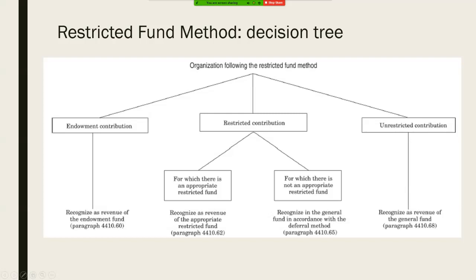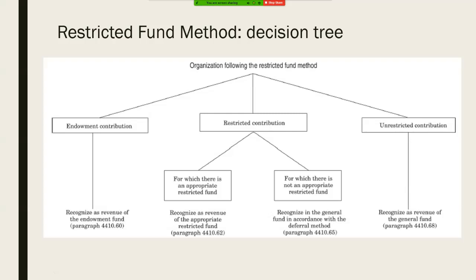So for example, if we have established a restricted fund for capital assets, we will record the contribution for a capital asset in that fund. Now, sometimes we may get a restricted contribution for which there is no appropriate restricted fund. If that were the case, then at the time the contribution is received, it is actually recorded as a deferred contribution liability.